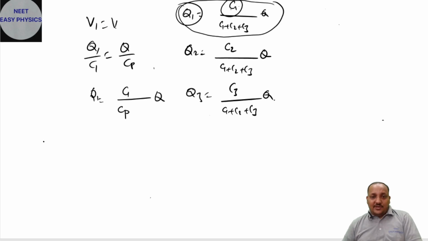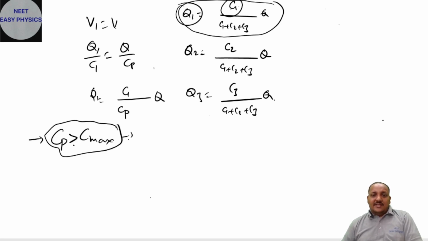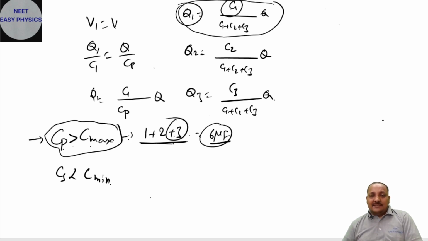Next, another very, very important point: Cp is greater than C maximum. What does it mean? In series we discussed Cs is less than C minimum. Correct? Now Cp is greater than C maximum. If you connect three capacitors of 1, 2, 3 microfarads, the effective capacitance is 6 microfarads, which is greater than the maximum among the three.